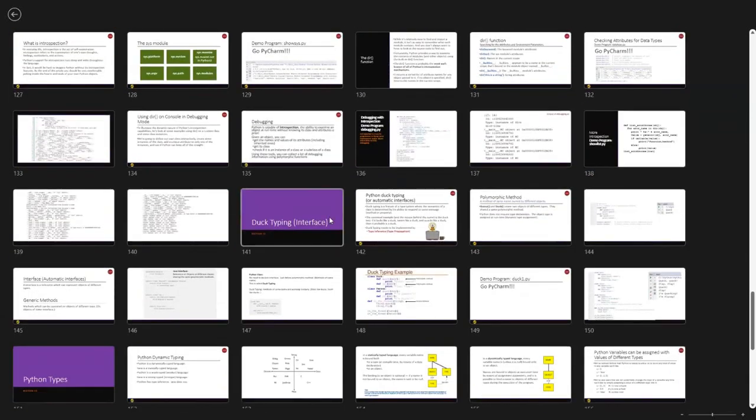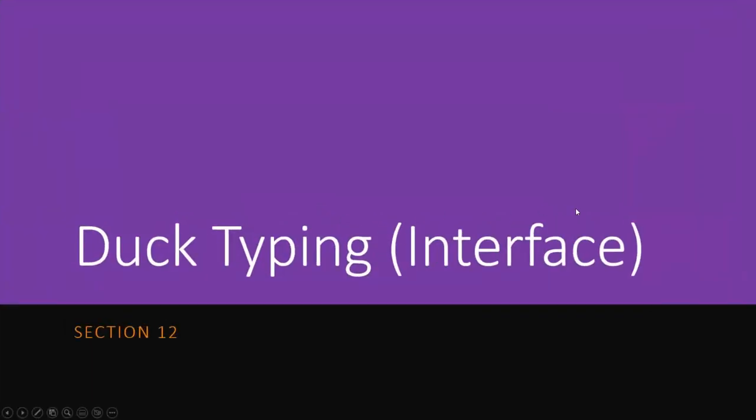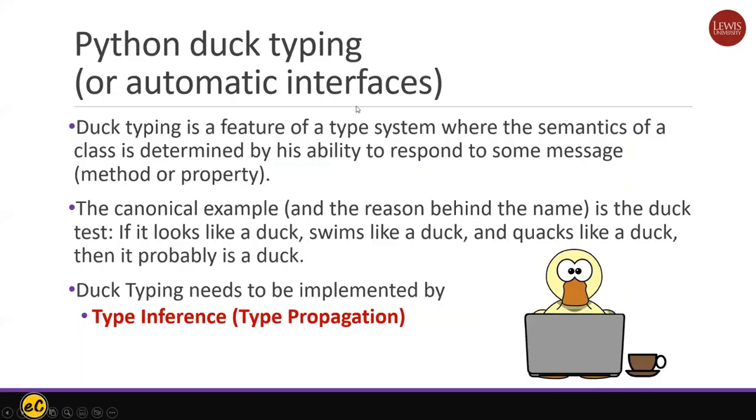Introspect is too difficult. Let's talk about duck typing. Duck typing is the system for Python in terms of interface. In fact, Python does not really have interfaces. It uses the so-called duck typing.